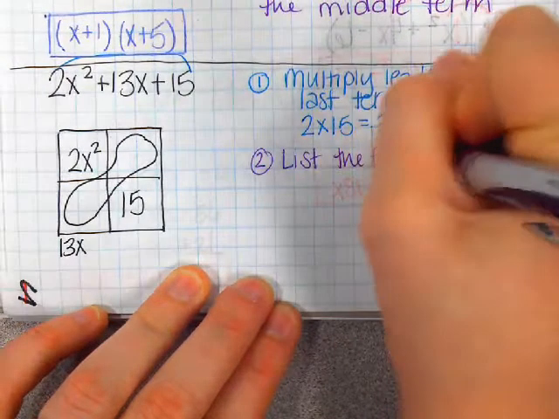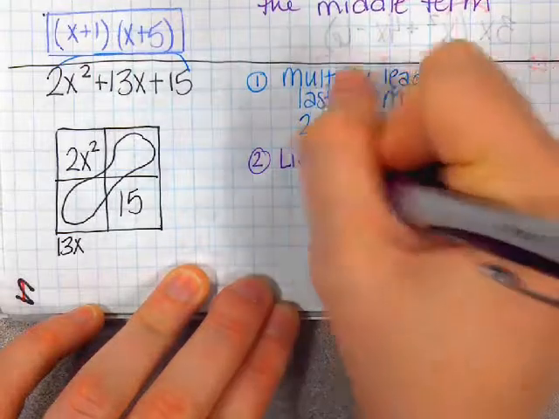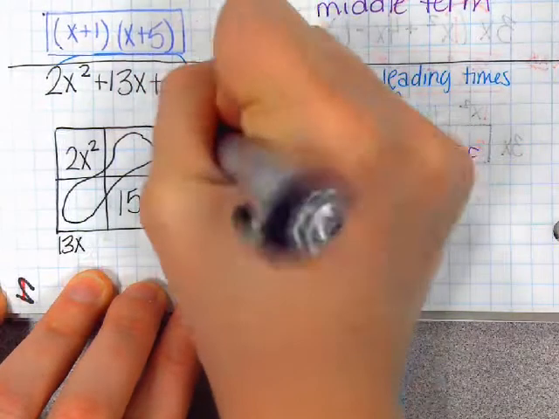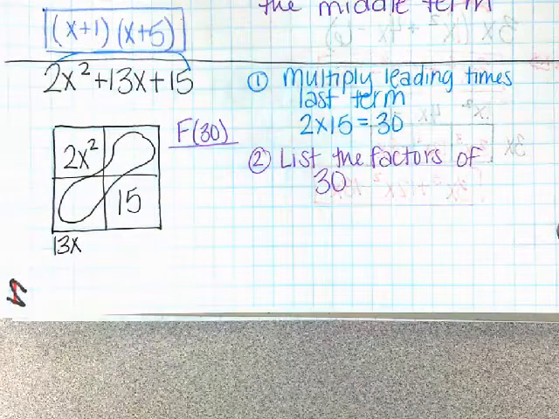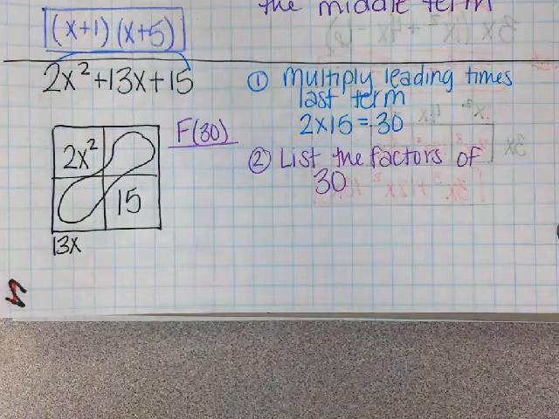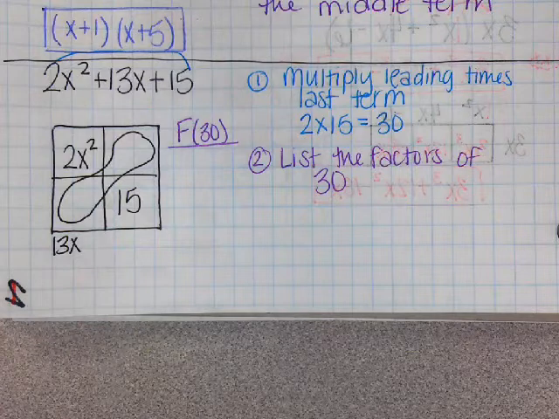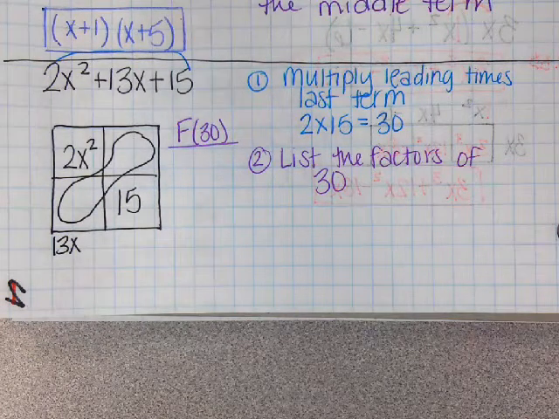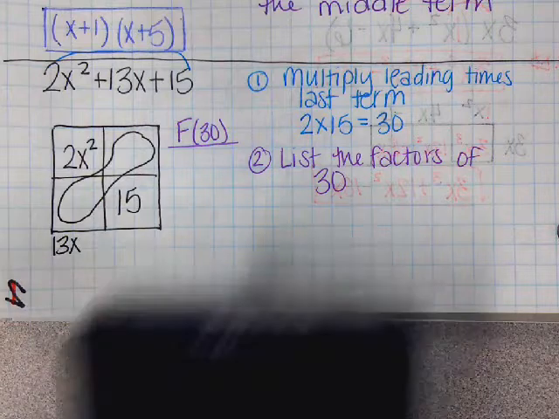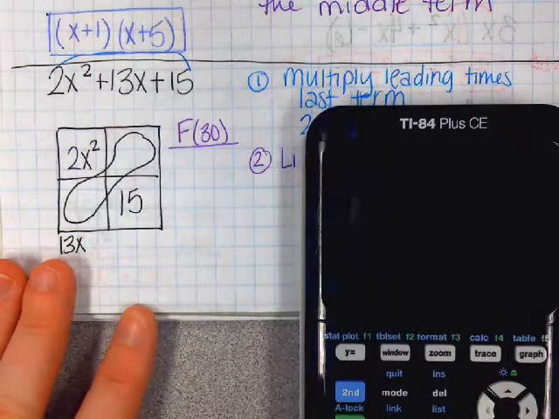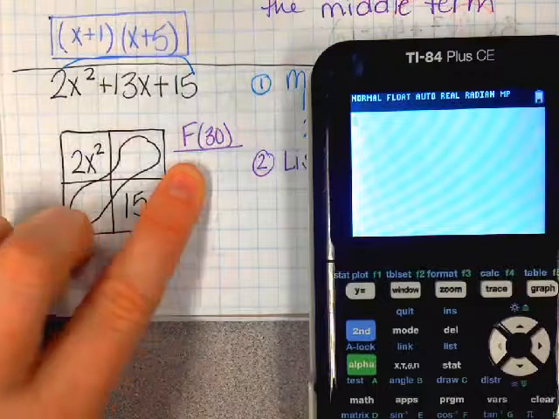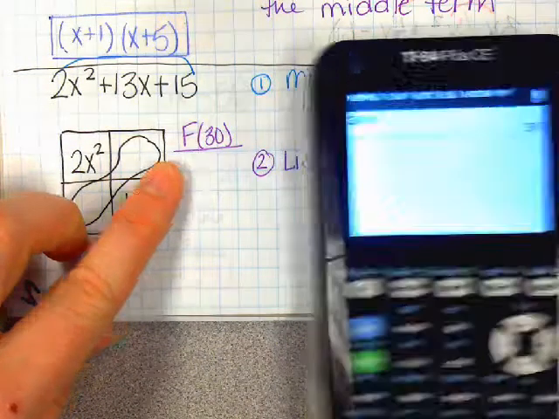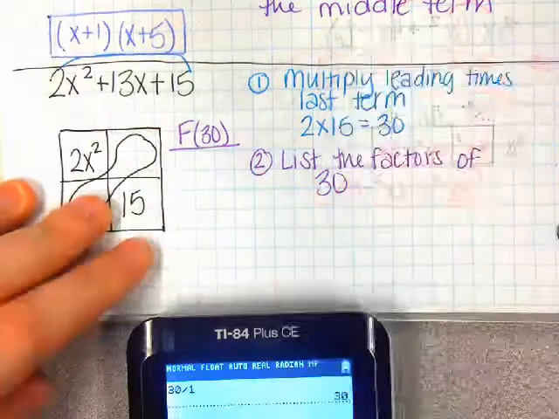Okay, next step, list the factors of 30. The way I suggest to do this, sorry, I had to find my calculator, is take your calculator and start off. Take 30, divide by 1.